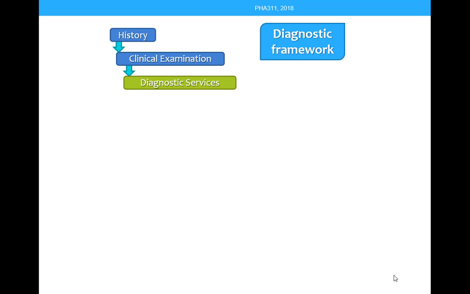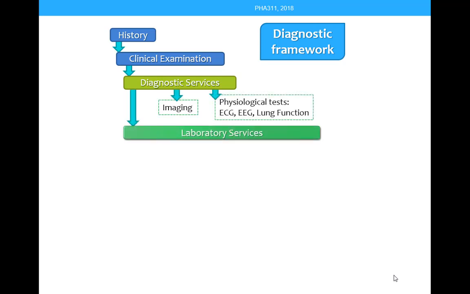Now, these diagnostic tests fall into three major categories. Okay, you have the laboratory services, which we will look at in more detail later. Could be imaging, X-rays, MRI, CT scan. It could be physiological tests like ECG, EEG, lung function tests.